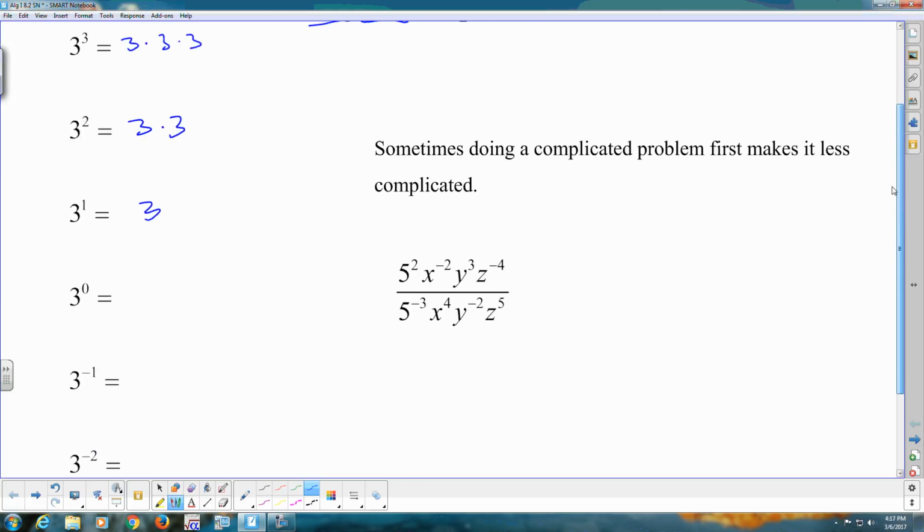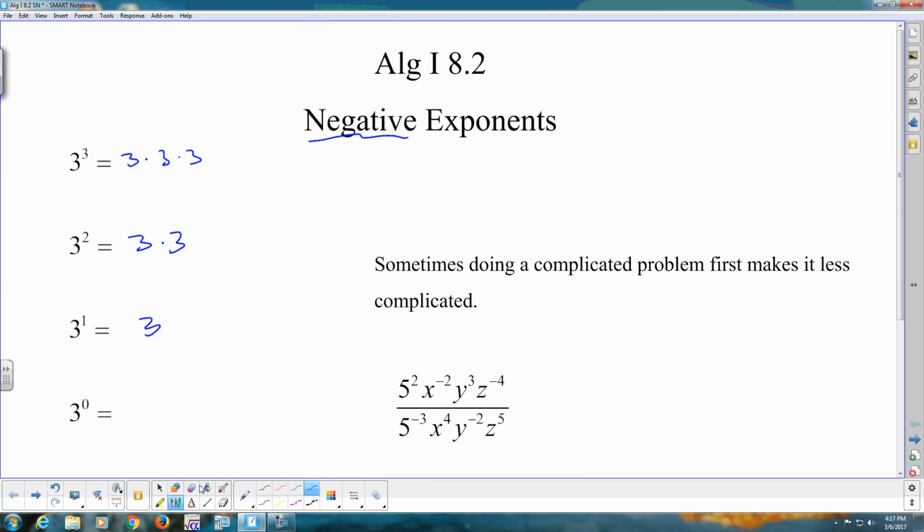To help motivate it, to explain what it is and where it comes from, I'm going to take this and divide it by 3 to get this answer. And if I take this and divide it by 3, I get this answer. So to get the next one in line, I need to divide by 3, and I get 1.